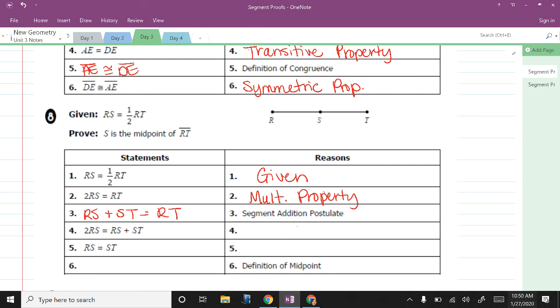On step 2, right? And it says it equals RT. And where do we see RS plus ST? On step 3, also equaling RT. So they both equaled RT, so they set them equal to each other. So they used what? Transitive property. Are you starting to see that transitive is used a lot? It is.